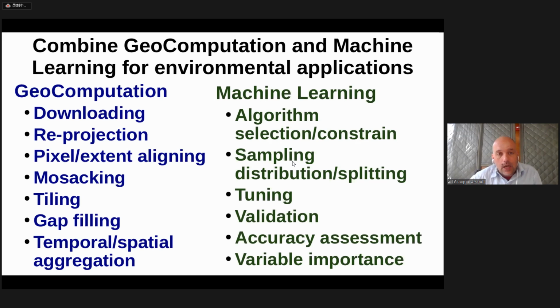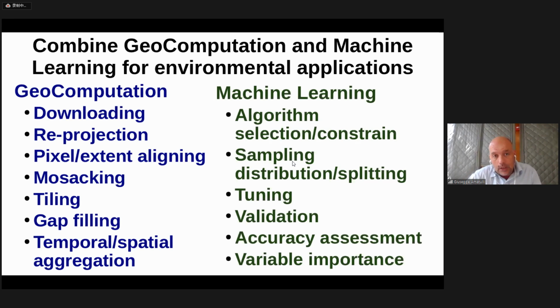For the machine learning algorithm, you need something extremely important in terms of selection and constraint. So you need to understand the fundamentals of the machine learning algorithm, as Lonzu explained. You have to be clever in understanding how to do the sampling distribution and the splitting procedure in your observation data, to avoid and to study potential overfitting and final errors.